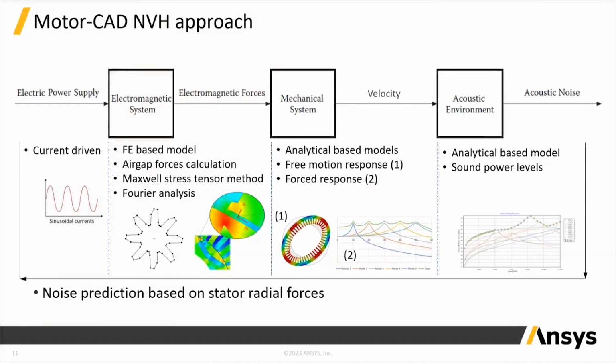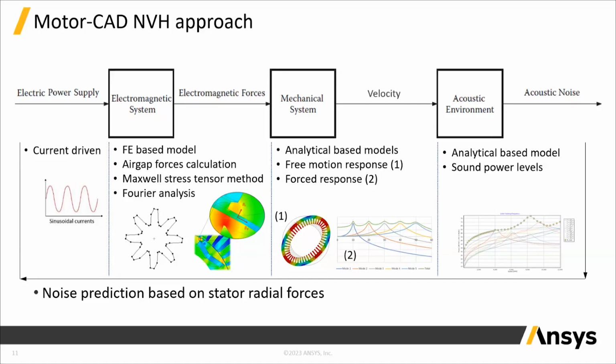So at the early design stage, we already have a 2D electromagnetic finite element analysis of the motor, and from this we can calculate the forces on the stator. For the early stage analysis, MotorCAD couples these electromagnetic forces with fast, analytical, structural and acoustic models to get a good initial prediction of the noise arising from vibrations of the motor itself.